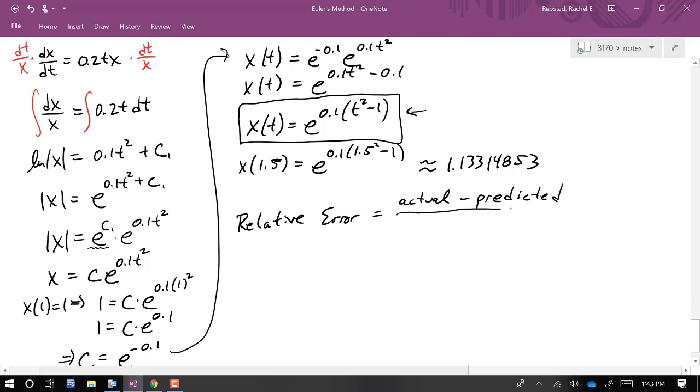I'm going to divide by the actual, because I want to find the difference compared to what the actual value is, and then I'll multiply by 100.